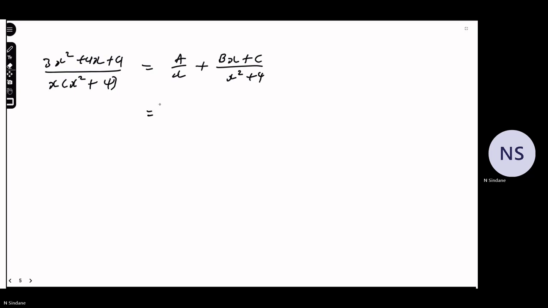Then substituting, I got a as 1, so 1 over x plus b, I got 2x, c, I got 4 over x squared plus 4. That is my solution. Those are my partial fractions.